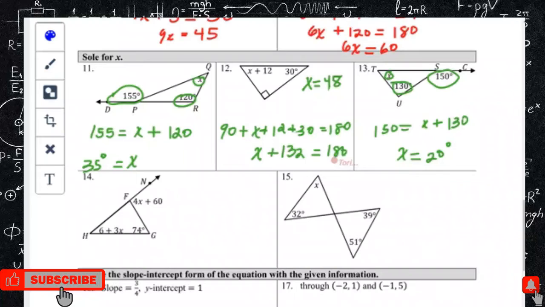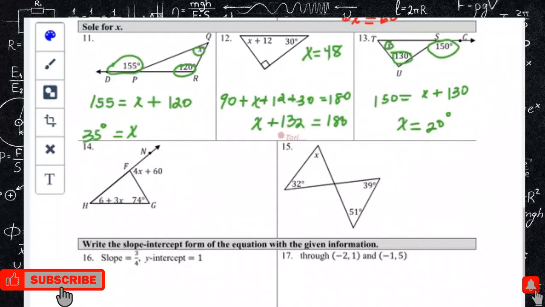All right, just a couple more. 14, just like 13, just following suit. Exterior angle, 4x plus 60, is equal to the sum of the two interior angles. So 4x plus 60 is equal to 6 plus 3x plus 74.